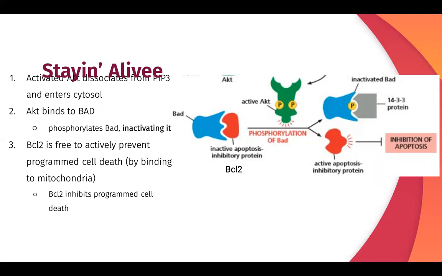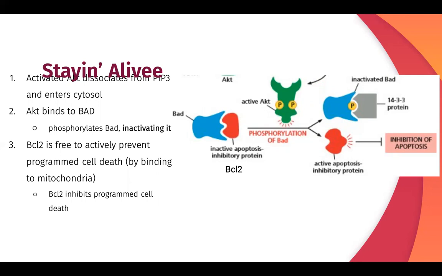So BAD, when it's not phosphorylated, is inhibiting BCL2, which is inhibiting the inhibition of apoptosis. So AKT essentially comes in and phosphorylates BAD. This inactivates BAD, and BAD, which is in blue here, when it's phosphorylated and inactive, it releases BCL2, our apoptosis inhibitory protein. And BCL2 can now relay the signal to stop apoptosis.